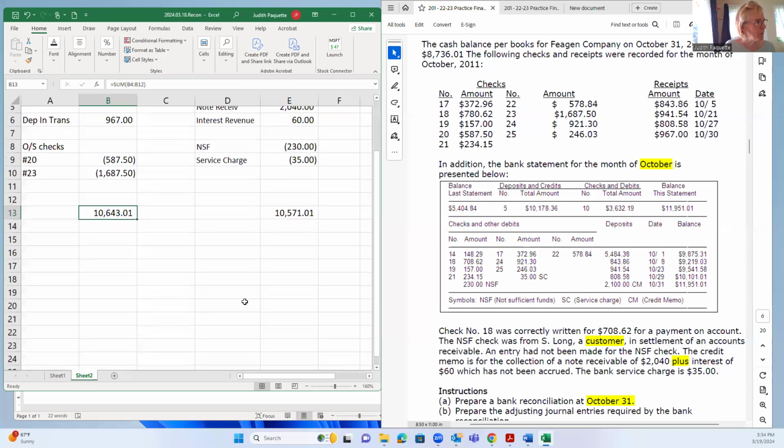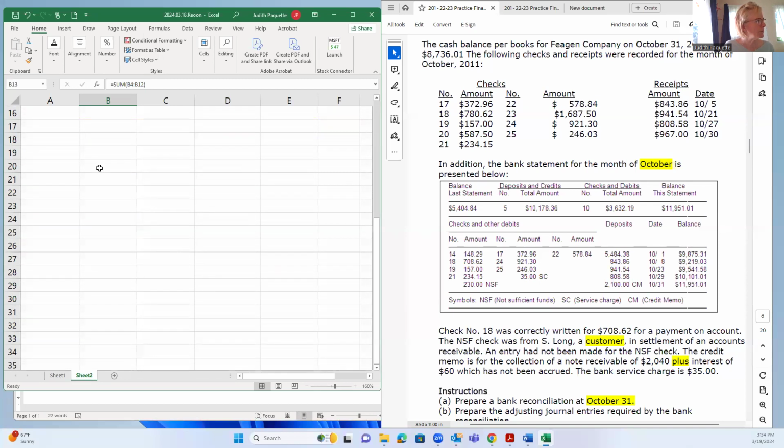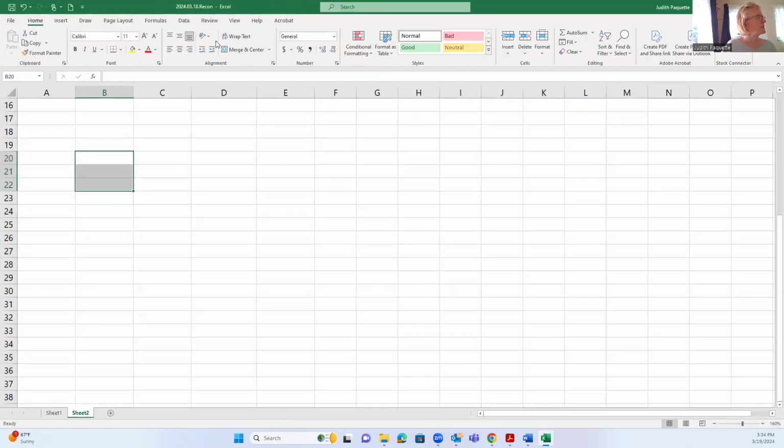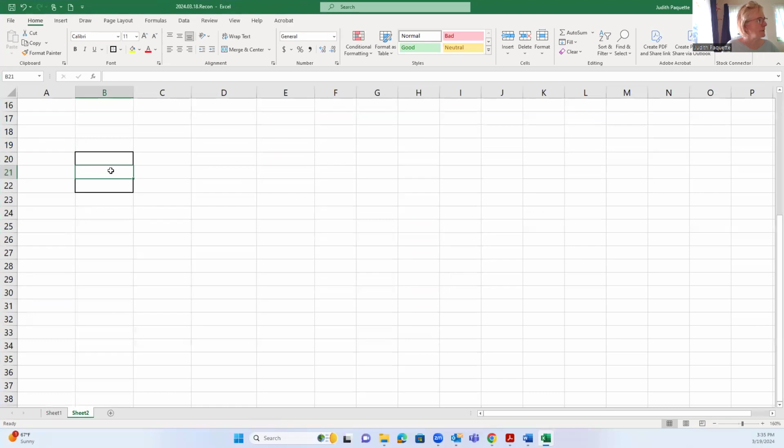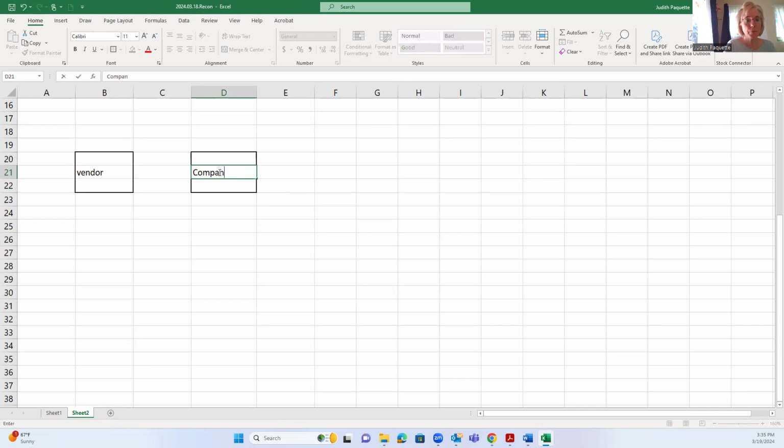Okay. So I want you to think about how you have, I just really want you to visualize this. If I can do this, we have vendor, also known as a supplier. We have company, that's whose books we're doing.